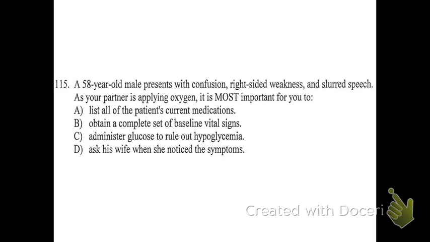Holding the arms in front of them, seeing if one arm has poor muscle control compared to the other, or if it's really weak compared to the other. S is speech. We already know that one's there. So slurred speech and right-sided weakness, that's your A and your S, right? You ask them to say something, and if they're slurring, again, poor muscle control on one side, or just in general, is often caused by a stroke.